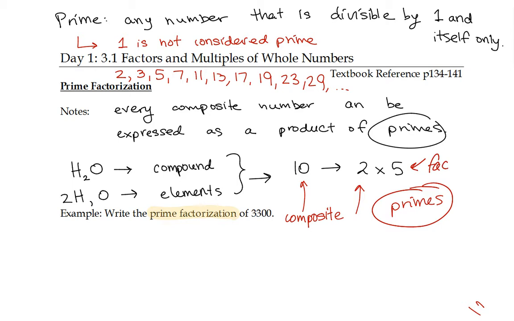These are the factors of 10. Do you agree? There's more factors of 10. 1 and 10 are also factors of 10, but we're interested in prime factorization. We're interested in prime factors. So find the prime factors of 3300. That's our goal here.